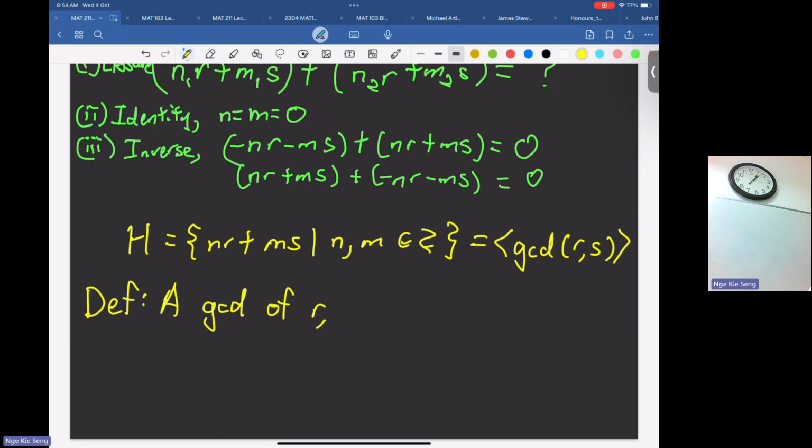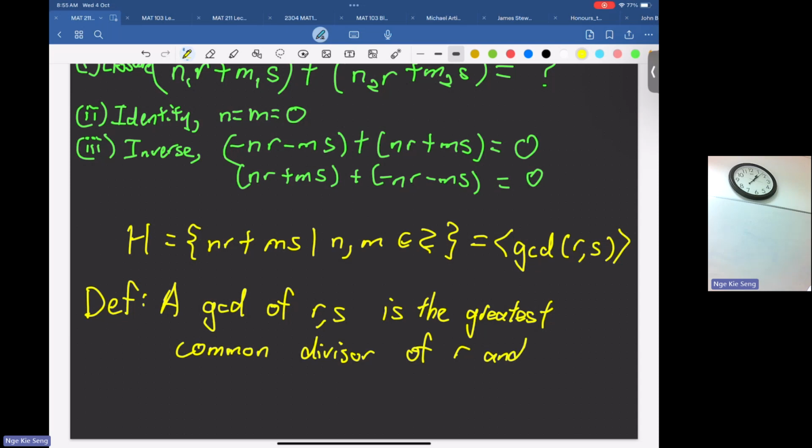The GCD of r and x is the greatest common divisor of r and x.